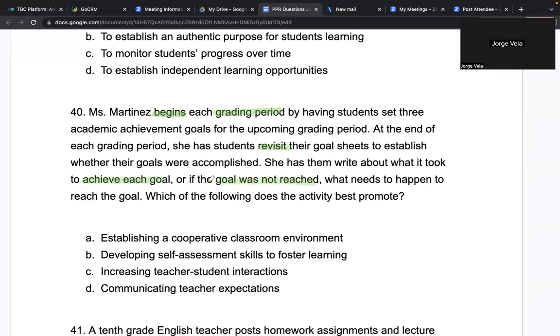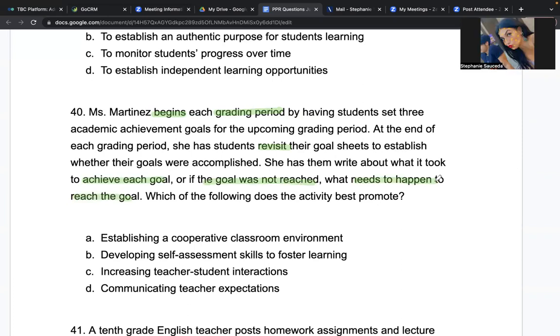Write them down. Right. And what else? What needs to happen to reach the goal? The action that needs to take place, reflecting on what needs to happen, having them think about their thinking, think about their goals, think about their work. So, self-assessment.